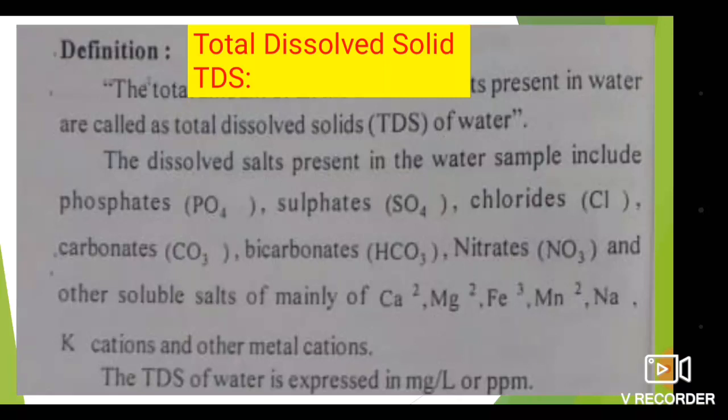So what is TDS? The total dissolved salts present in the water are called the total dissolved solids of water.